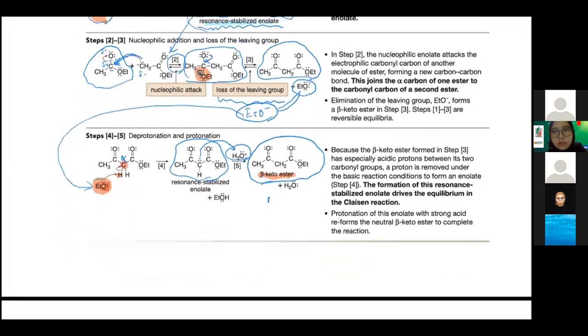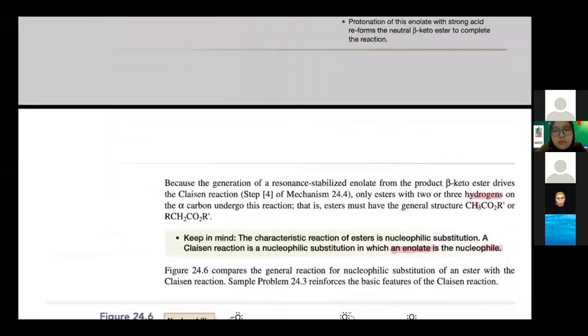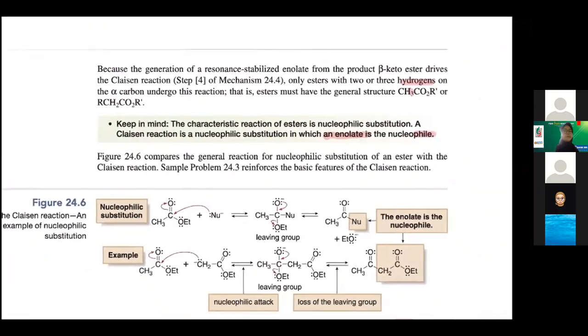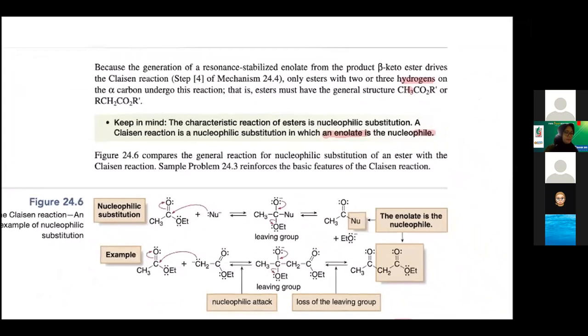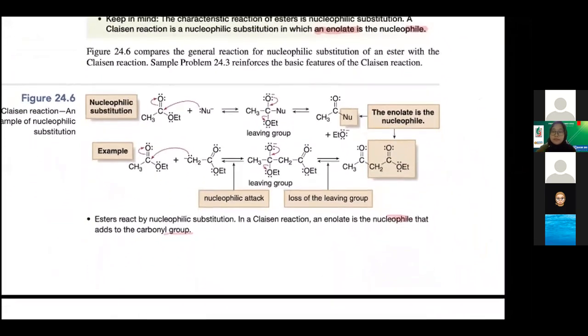Okay, next. This is also an explanation of the mechanism on the last page, explained again. What is important in this reaction is first the nucleophilic substitution, nucleophilic and nucleophilic.